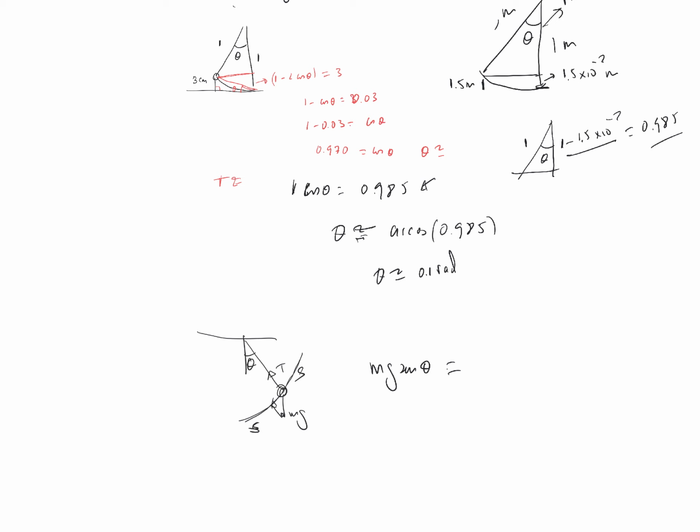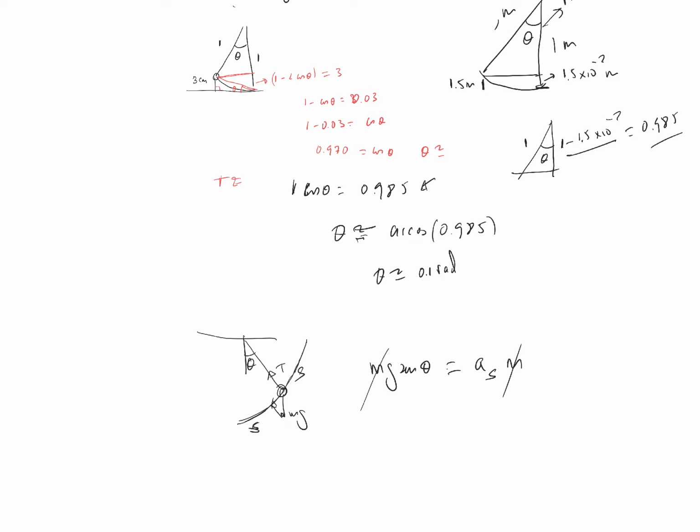This is the x direction. So the force is mg sine of theta, and that force equals mass times the acceleration in the s direction. The s direction is the direction along the curve, along the circle. So the mass will cancel.